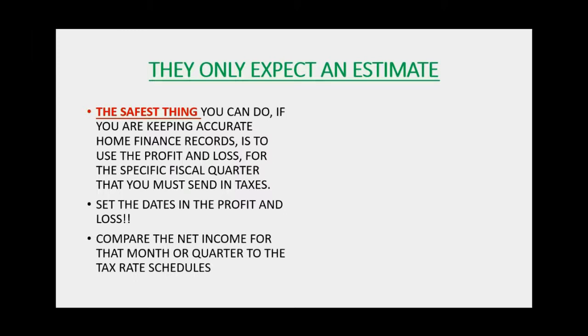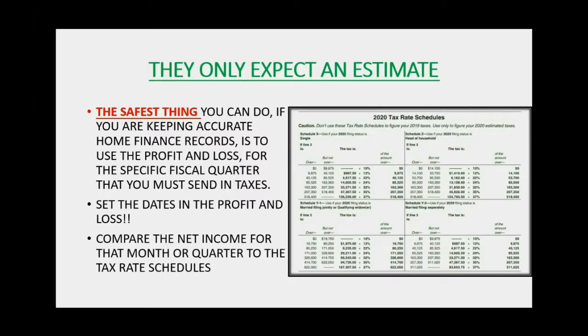Compare the net income for that month or quarter to the tax rate schedules that are included in the publication. And that's how you will know how much money to send in for estimated taxes. If you do it that way, you will be safe and send in an amount that will keep you safe. But remember, you would only want to consider, for those calculations, taxable income.